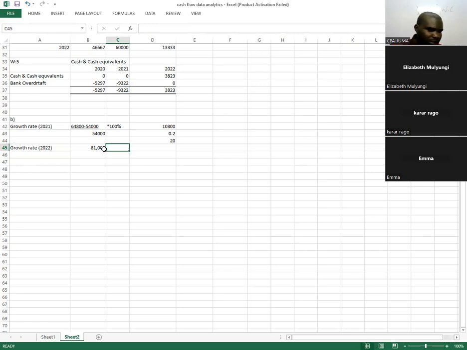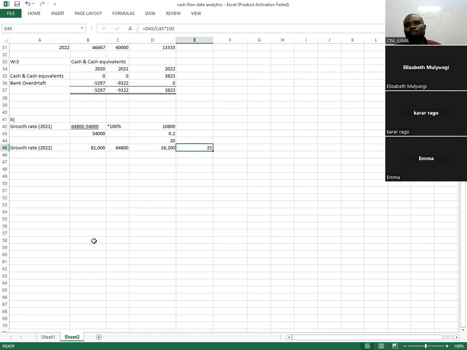The other one is 64,800. So here I will have this minus this. Hata akiweka hiyo kasa hapa ataona hiyo formula. Then it equals this divided by this times 100.